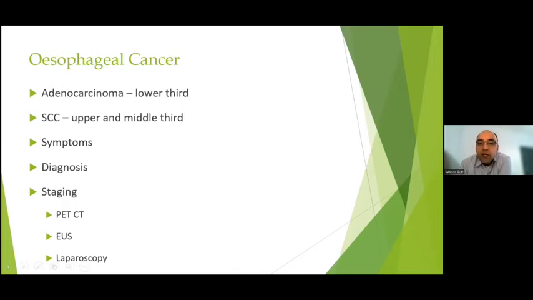Laparoscopy is only used for lower third tumors and usually in Siewert type 3, which are invading into the gastric cardia. Generally, for true esophageal tumors that are above the OG junction, laparoscopy is not routinely used.